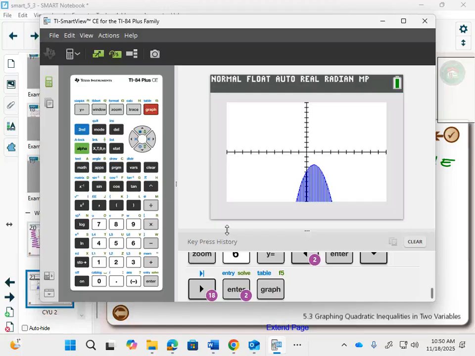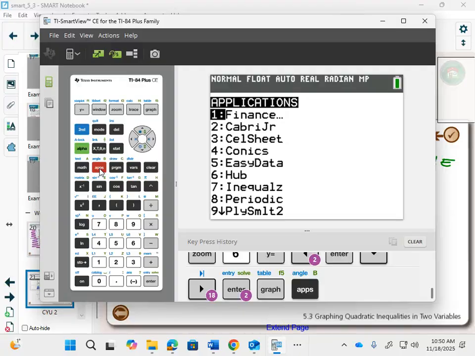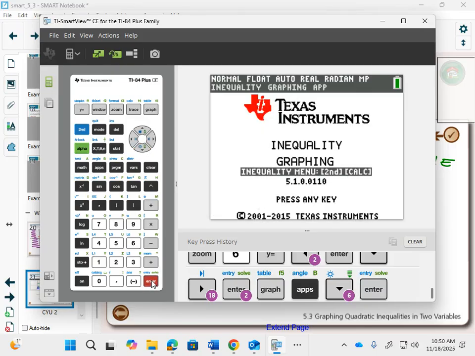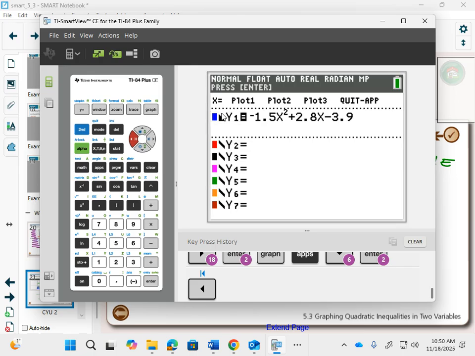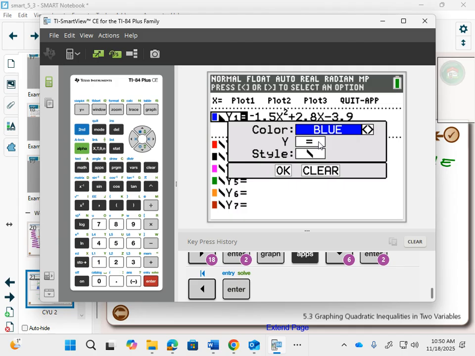Some graphing calculators also have under their apps program, number 7, an inequality program. I'm going to temporarily turn that on. Press any key. It's now turned on. And what that allows you to do is, when you go back to this first, I now can change this to a less than sign, and it will actually shade it and add the dotted line.